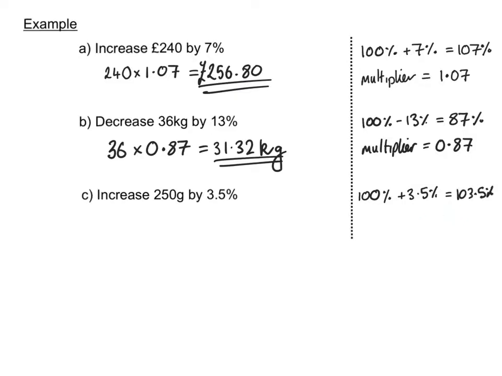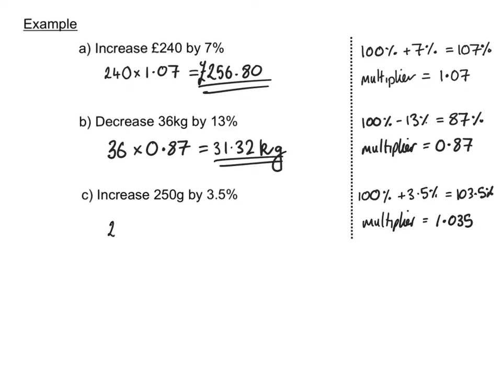The multiplier I use to find 103.5% is simply 103.5 divided by 100, so the multiplier here is 1.035. In other words, taking that decimal point and moving it back 2 spaces is an easy way to think of that.